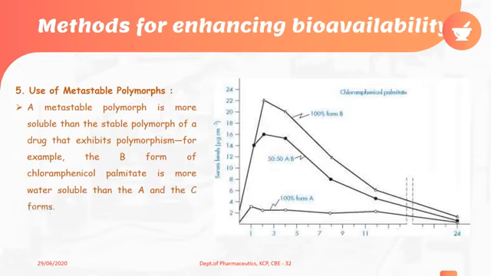It has three different forms, B, A and C, out of which form B shows better solubility and better bioavailability when compared to the other forms. So to obtain better solubility, we obviously prefer form B of chloramphenicol palmitate.